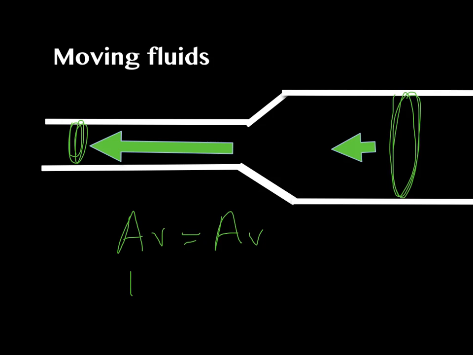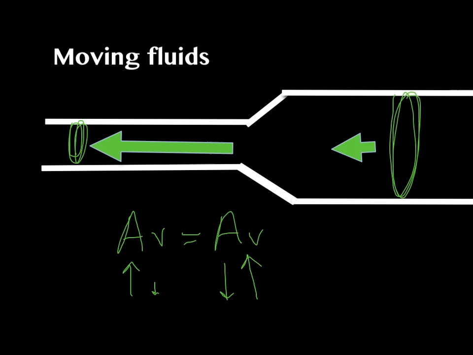If we have a bigger area, we're going to have a smaller velocity. If we have a smaller area, we're going to have a bigger velocity. That's easy, right? You're going to use this anytime a tube gets smaller or bigger.